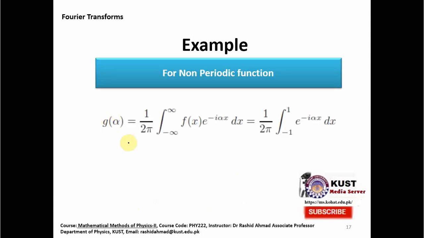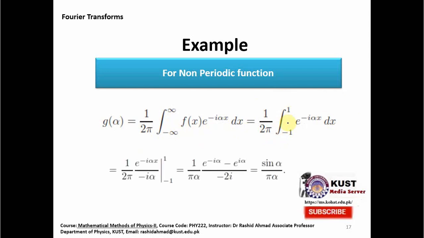So first of all we have to calculate g of alpha, which is equal to 1 over 2 pi integral of f of x e to the power minus i alpha x. If you put the limits and put the value of f of x, you will get this integral over here, and it's very simple to calculate this integral. So calculating this integral and putting the limits, you get g of alpha equal to this thing.